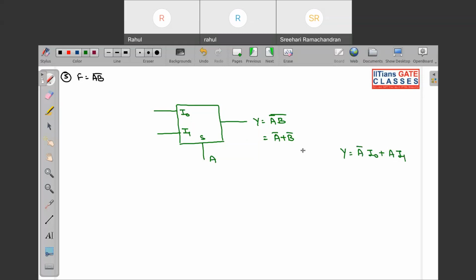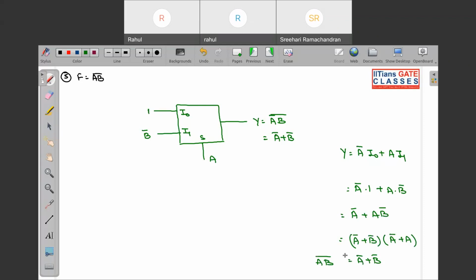Now, see, if I put 1 over here and B complement over here, what will I get? So this will be A complement into 1 plus A into B complement. So distributive property once again: A complement plus B complement, and A complement plus A. So this will be A complement plus B complement, that is equal to (AB) complement.